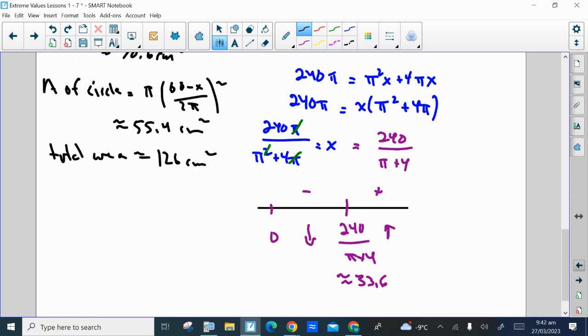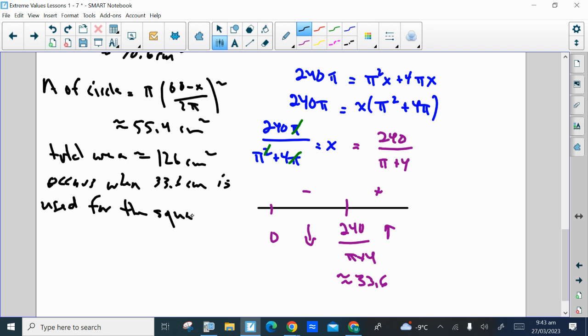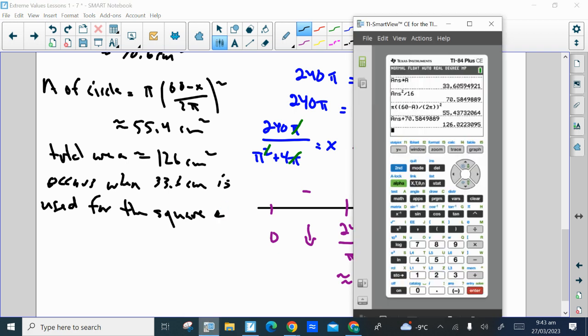So our total area of 126 centimeters squared occurs when 33.6 centimeters is used for the square. And the rest would be used for the circle. The rest would be 60 take away our 33.6. So 26.4 centimeters is used for the circle.